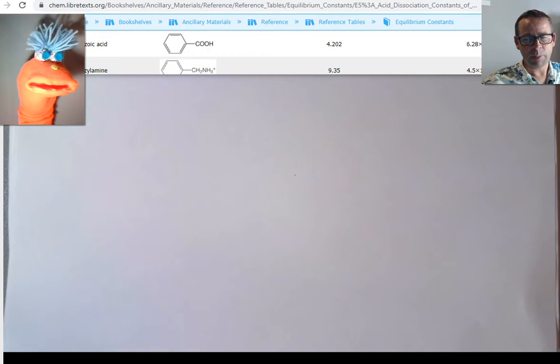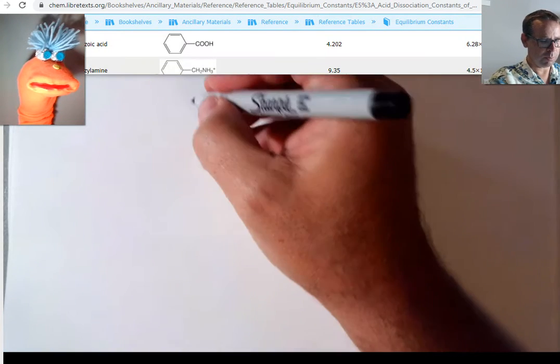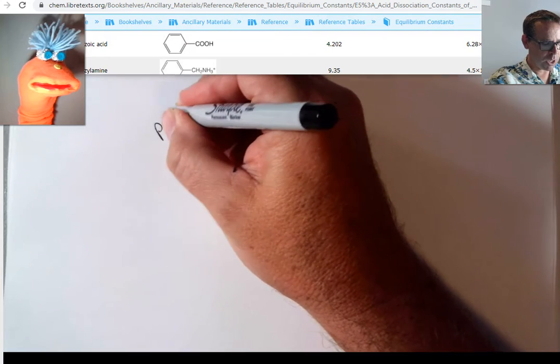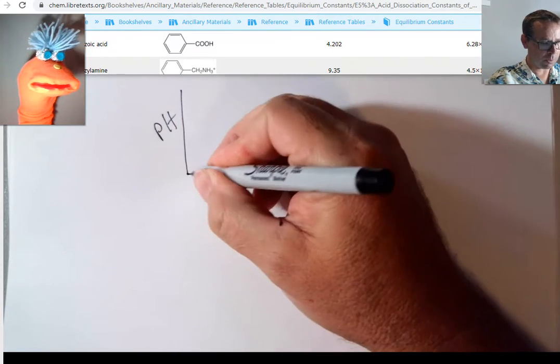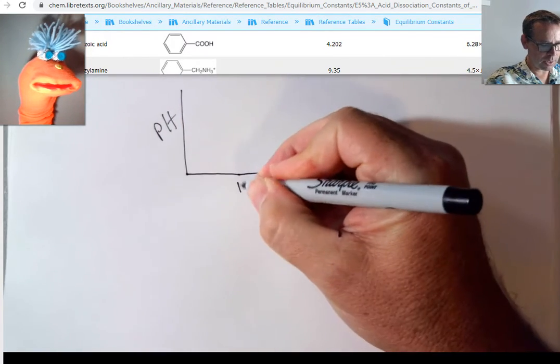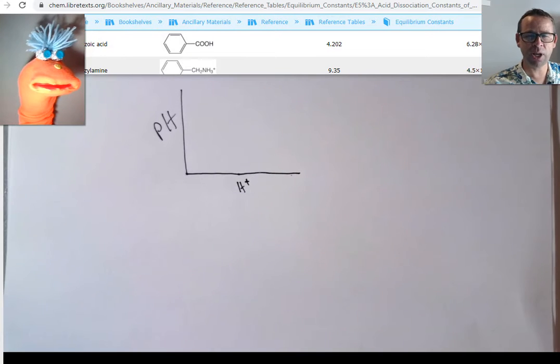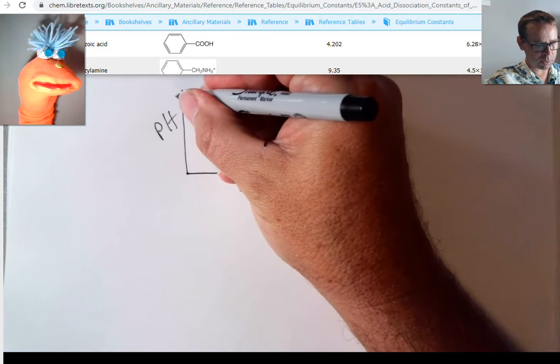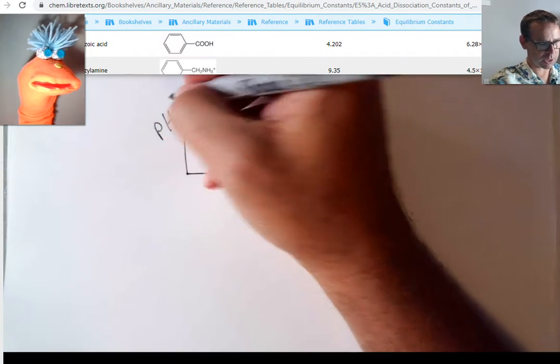This time, we're going to talk about it in terms of pH, right? If we monitor the pH of our reaction as we add hydrogen ion, acid, HCl, to our solution, then initially the pH we said was going to be above 10.36.